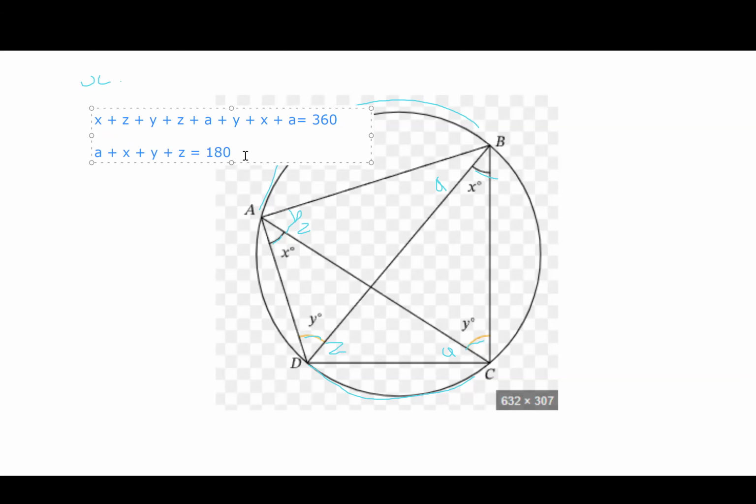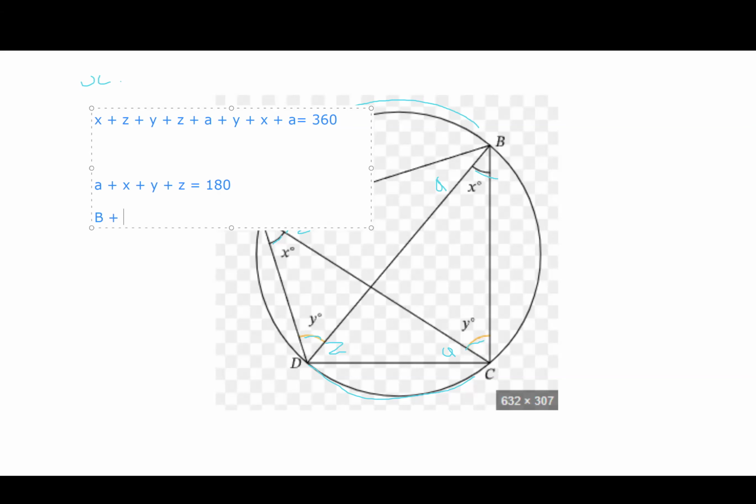Now hold up. What is a plus x? Isn't that just angle B? A plus x is just my angle B, and then y plus z is just my angle D.